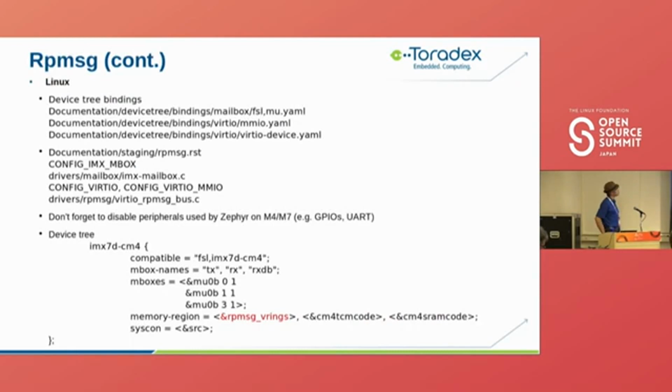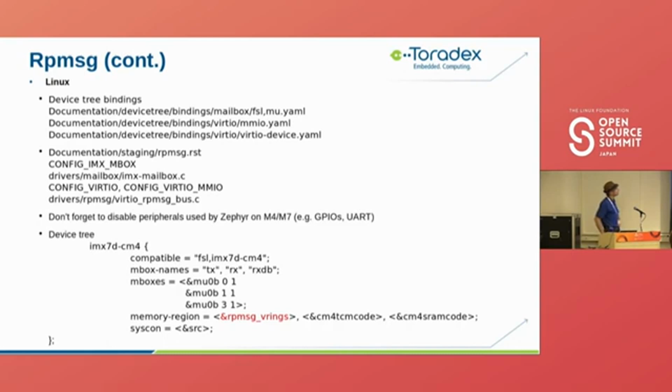In Linux, the device tree binding is documented as I have given it here. Basically, the first one is for the mailbox unit. Then, of course, regular memory-mapped I/O is used for the virtio I/O, and there is also the virtio I/O device.